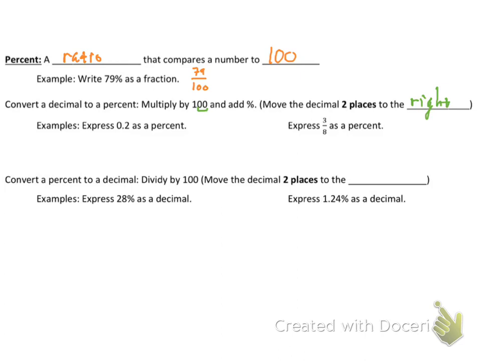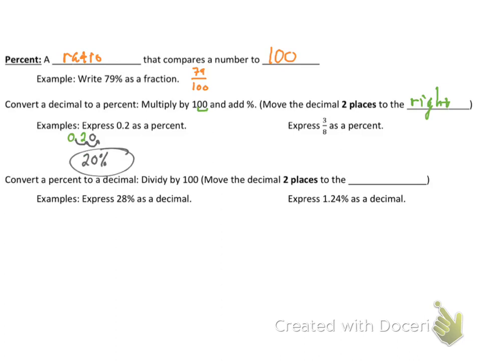So if I wanted to express 0.2 as a percentage, I would move this decimal place 2 places to the right. There is nothing to the right of that 2, so I need to put a 0 there. So 0.2 as a percent would be 20%.